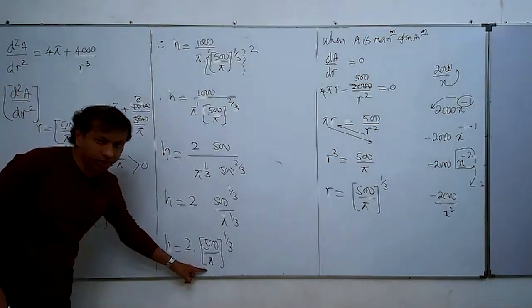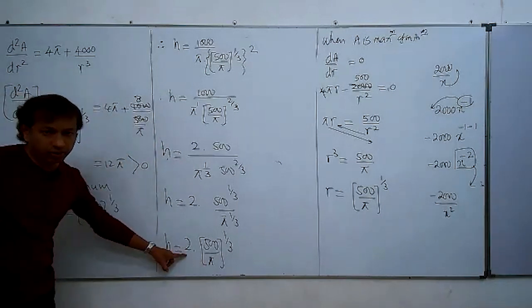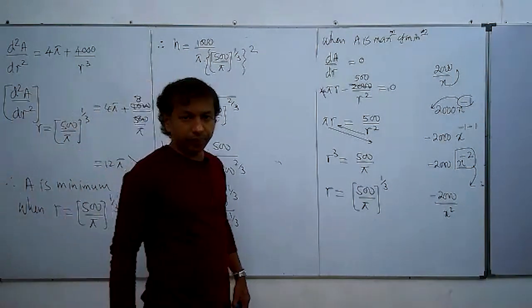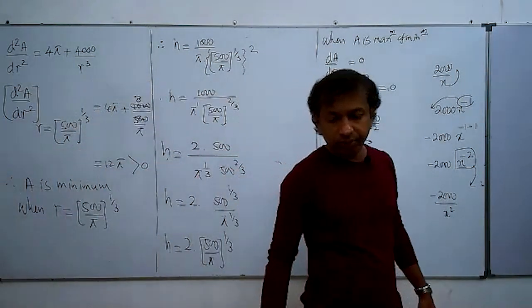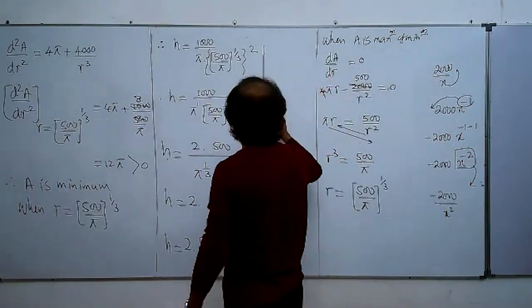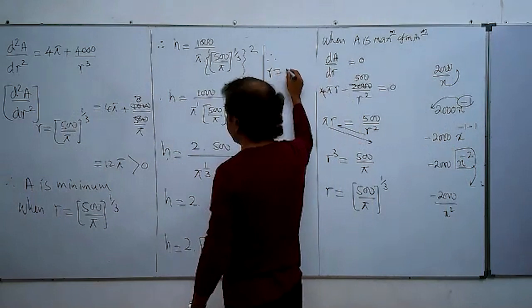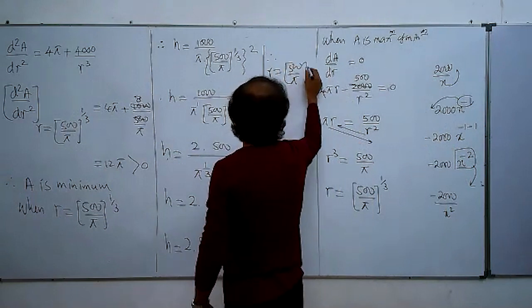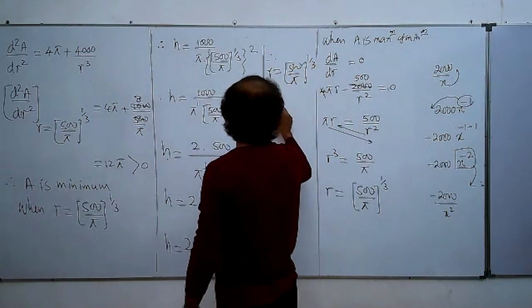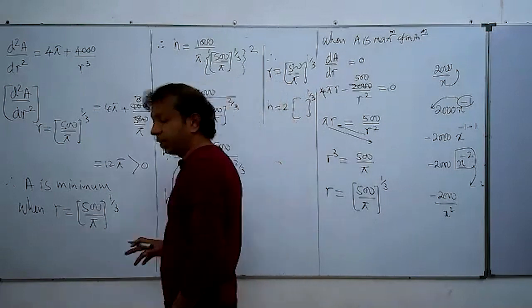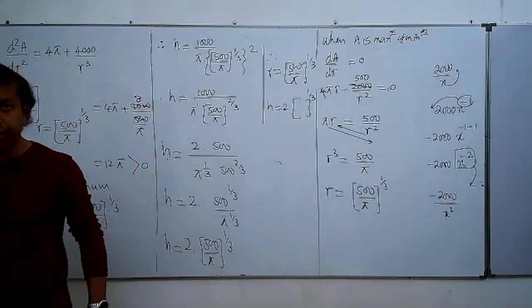That is this r. Then h will be equal to 2 times r. So therefore the dimensions are this. Therefore dimensions: r equals (500 divided by pi) to the power 1/3, h equals 2 times of that. They are the dimensions. That's how we write that answer.